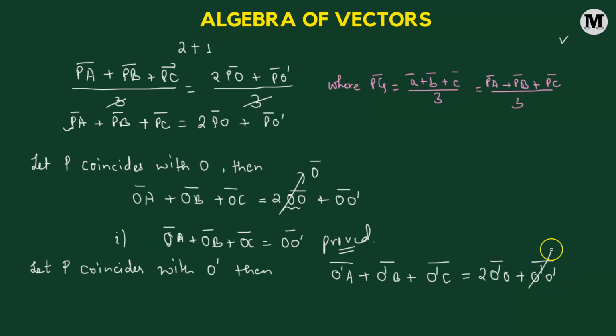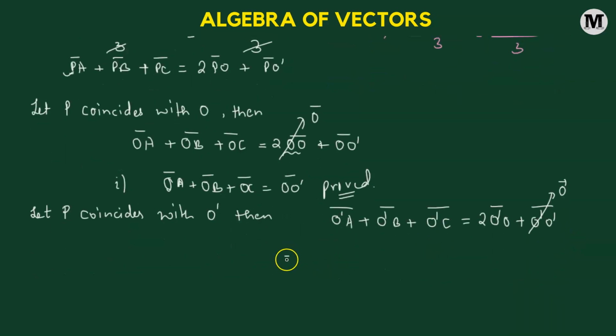Now O prime O prime vector is simply the null vector. That means we now have O prime A vector added to O prime B vector plus O prime C vector simply equal to 2 times O prime O vector. And this proves the second part as well.